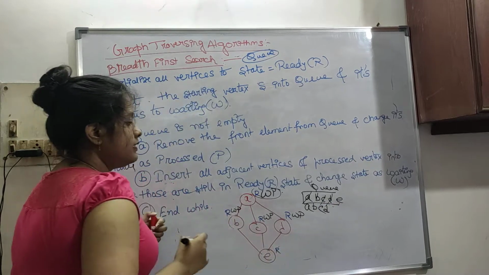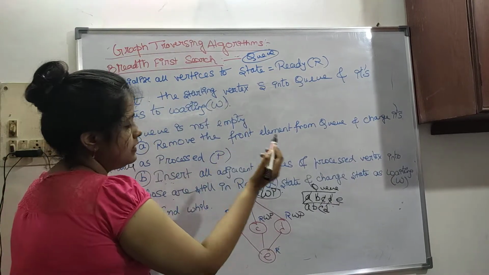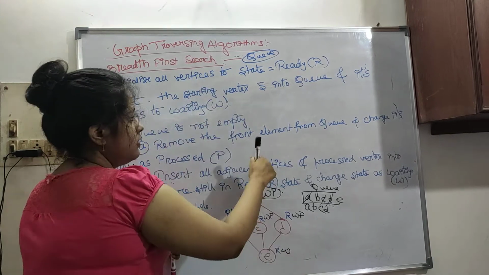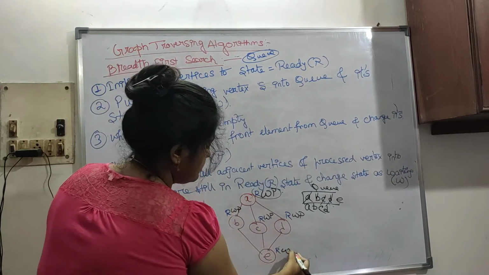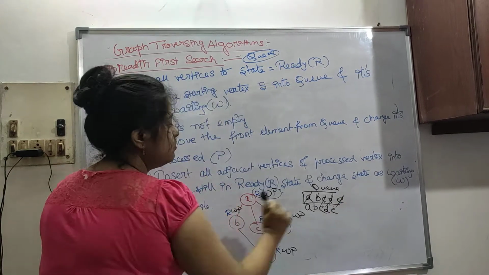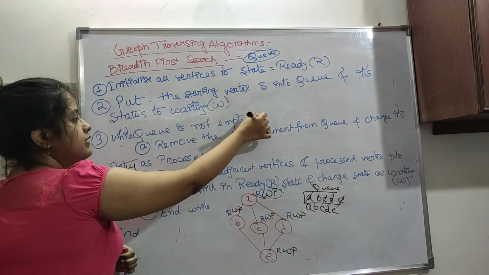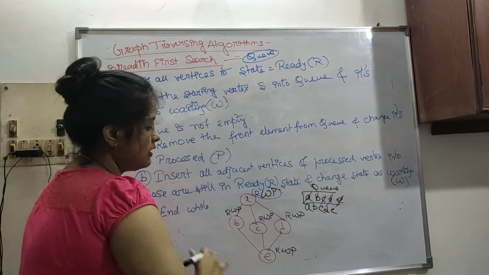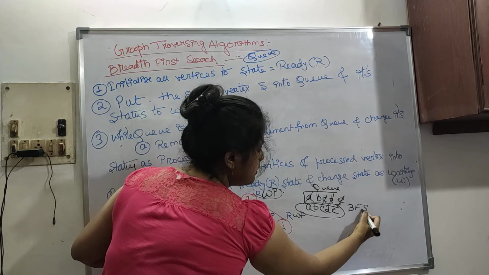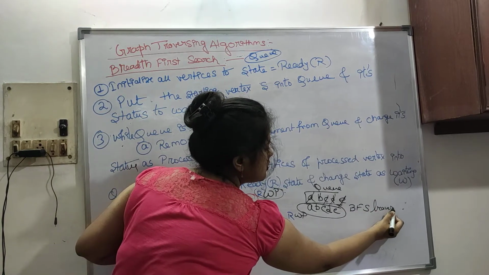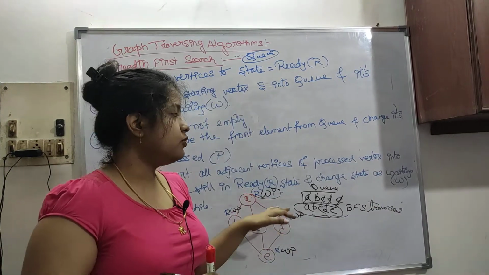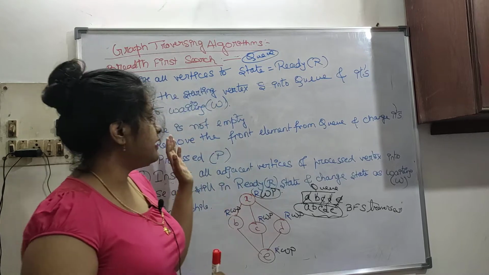And lastly it is E, which was also waiting, and we change its status to processed. Now the queue is empty, so this condition breaks and we come out of the loop. So this is our BFS traversal. We will do more examples, time complexity and DFS also.